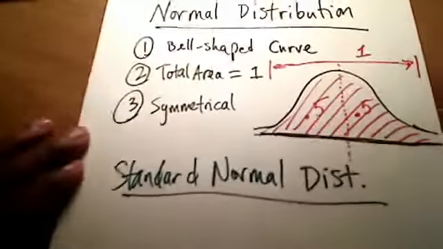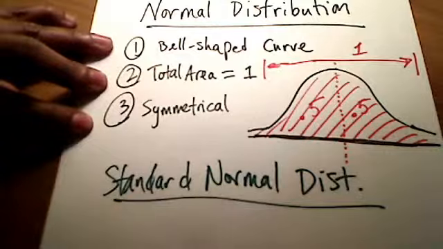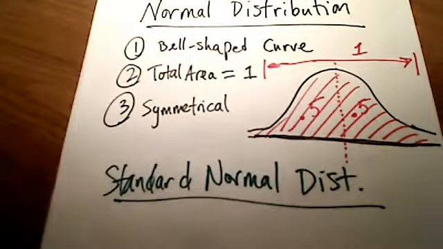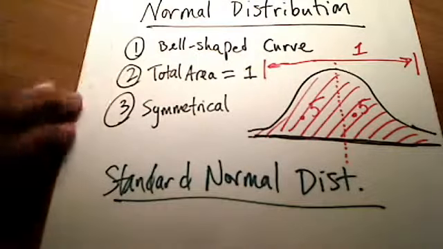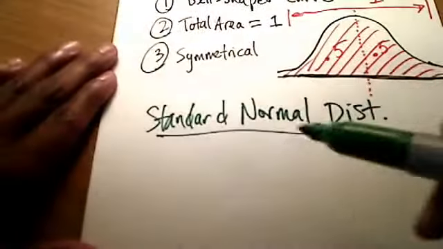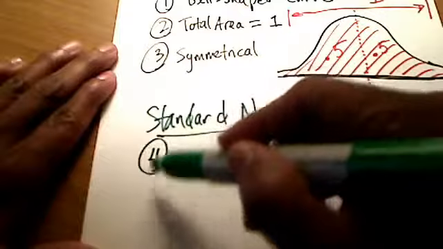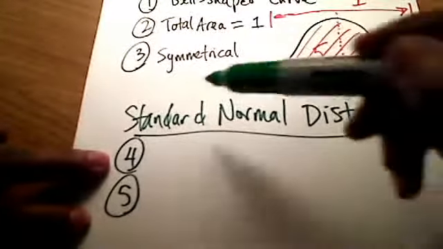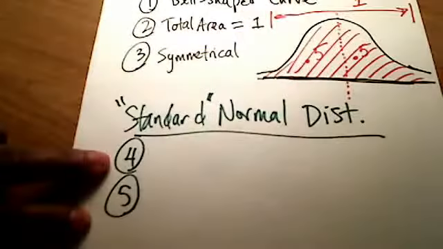So a normal distribution, again, is these three things: bell-shaped, total area is 1, and symmetrical. Standard normal uses these three things but kicked up one more notch, with two other things, we'll mark them 4 and 5. Two other things should come to mind when that word standard is used.